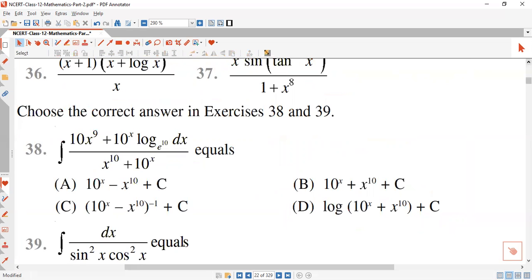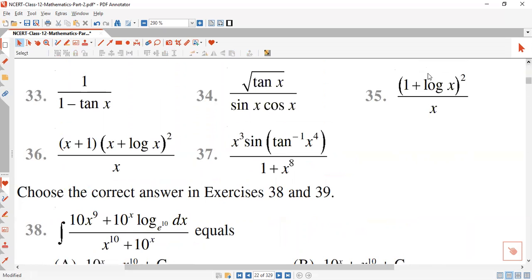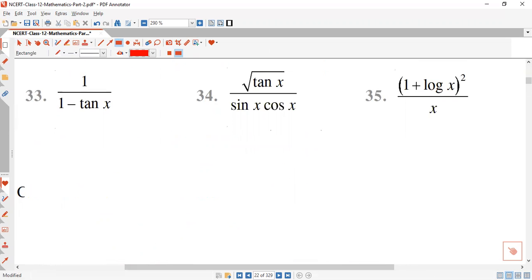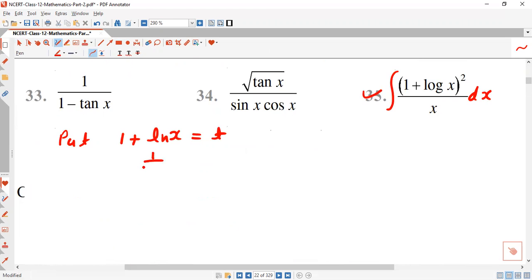Now we will do question number 35. It says 1 plus log x whole square dx. Which term do we have to substitute? Log x terms are there, so 1 upon x can be cancelled out easily. So we put the numerator terms inside the square, 1 plus log x equal to t, and we get 1 upon x dx equal to dt.